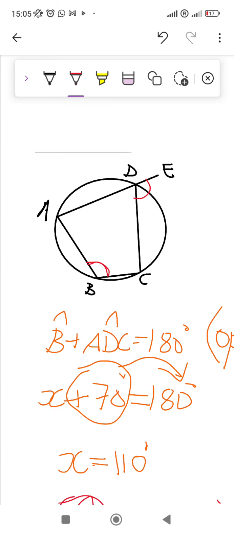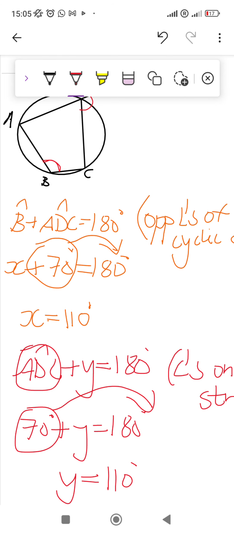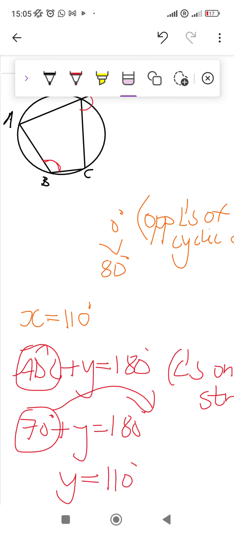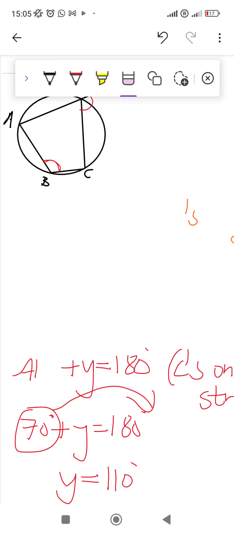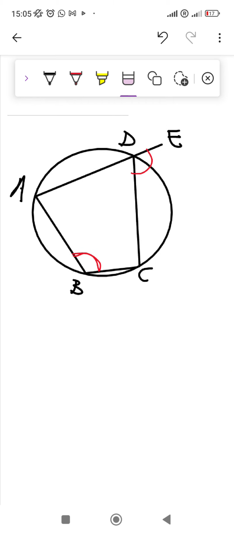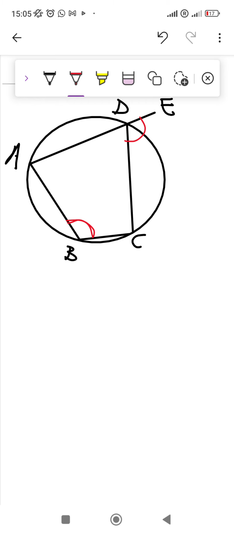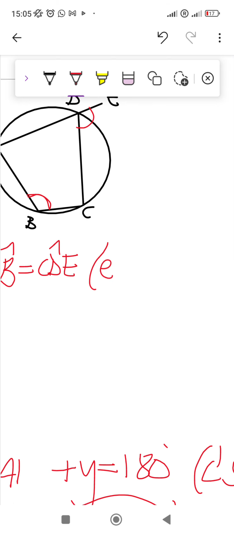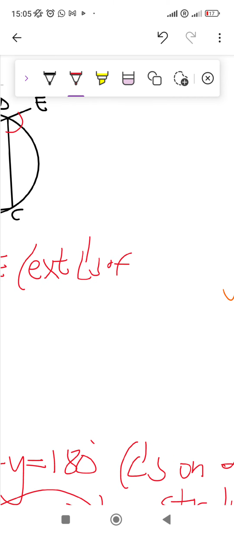All right, so angle B, let's erase some of all of these things. Okay, theorem 6 tells us angle B is equal to angle, let's call it CDE. Why are they equal? Exterior angles of your cyclic quad.